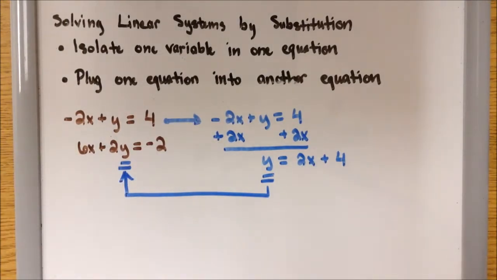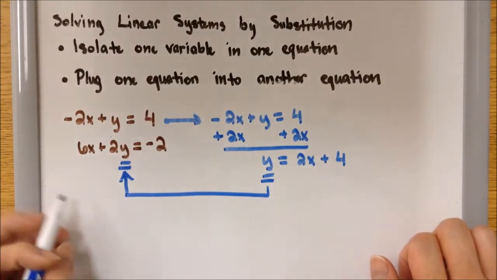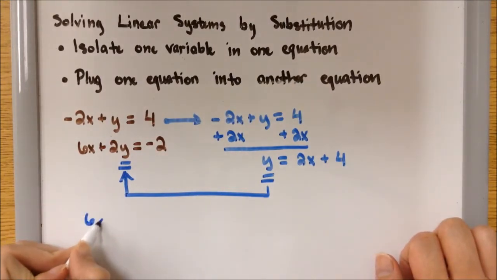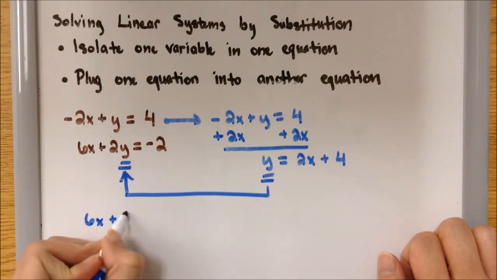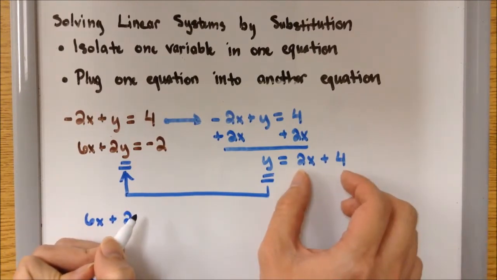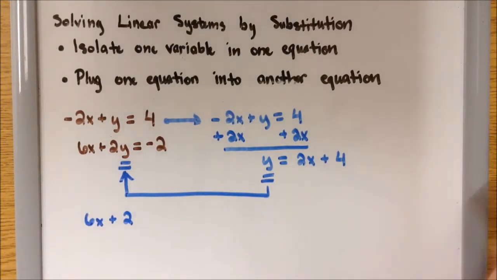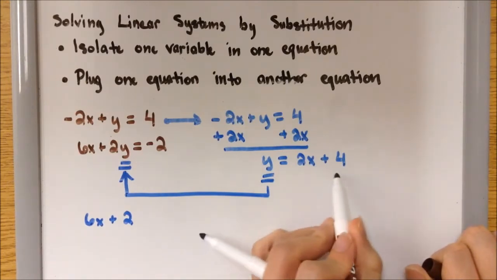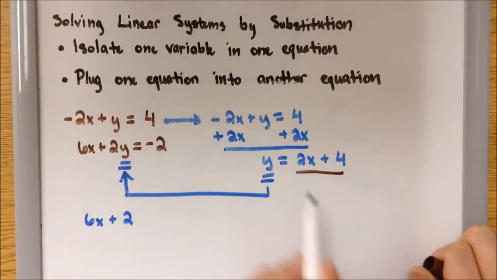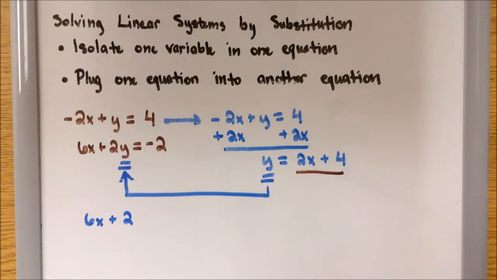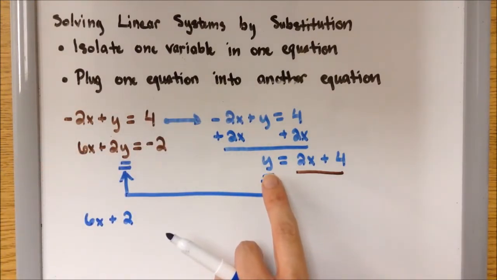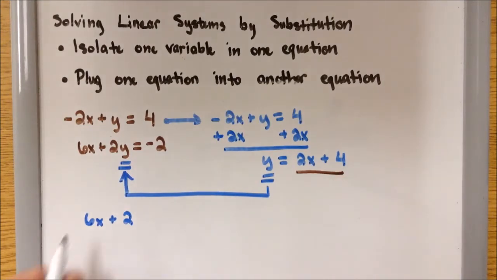When I do that, it's going to look like 6x plus 2. Now instead of y, I put this whole thing, that's what y equals from equation 1. So essentially, instead of y, I'm going to put 2x plus 4 in parentheses.